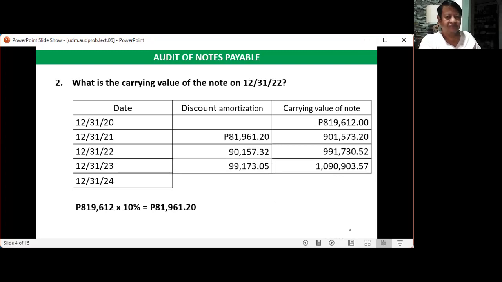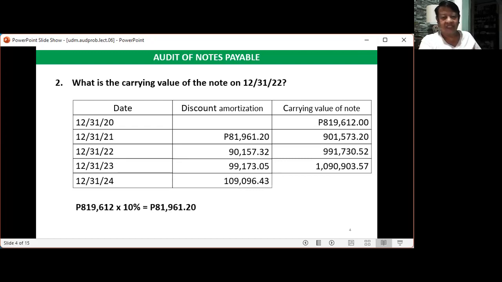At the end of 2024, we will again compute for the discount amortization using the interest rate of 10%. So 10% of 1,090,903.57, the discount amortization at the end of 2024 is 109,096.43.